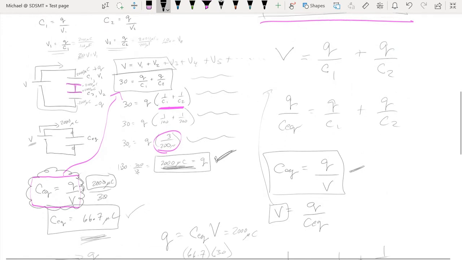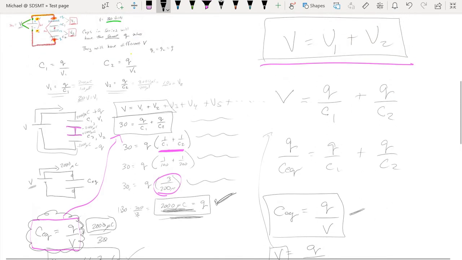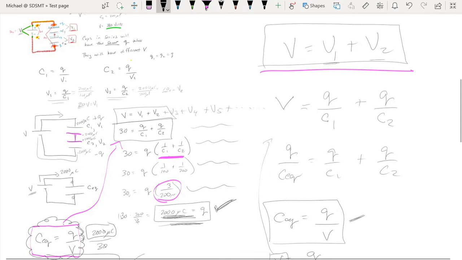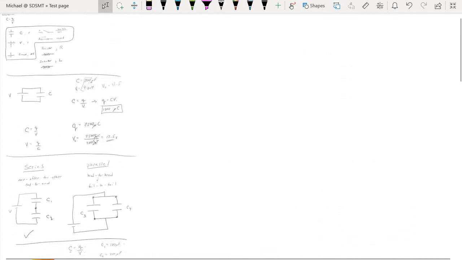We know that each individual capacitor will now have those 2,000 microcoulombs, and we've already gone through and we've done that self-check. We know that this is the right answer, but we now have a far simpler means of finding that answer.